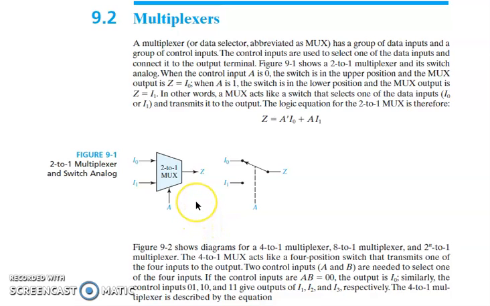Suppose I have multiple inputs and need to drive only one at a time, like our TV remote control. Multiple channels are being telecast, and I tune to one particular channel. That is where we use a multiplexer, or when tuning your radio to a particular channel.